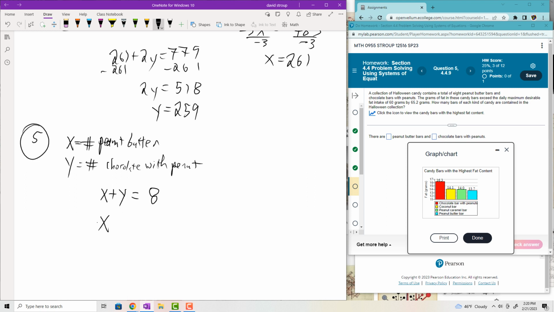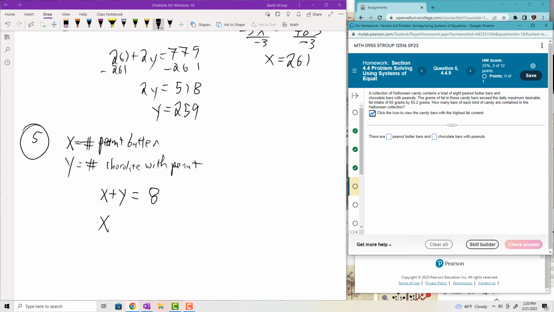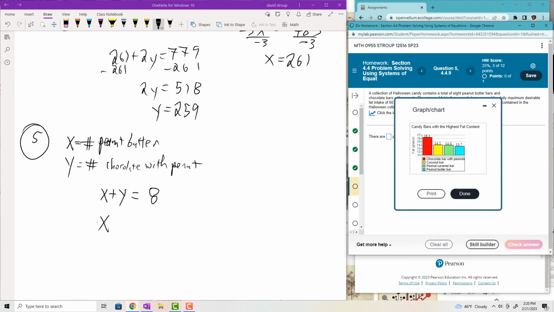So if you look at the graph chart they give you, there's going to be this blue thing, and you click on that, and you just go to the peanut butter bar, which is the bluish turquoise color, 13.7. So 13.7 times X will be the amount of fat from the peanut butter bar, and then plus the amount of fat you get from the chocolate with peanuts, right?